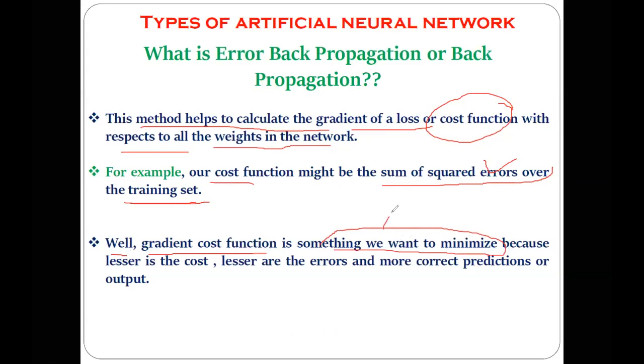Now, what is the gradient function? It will calculate the sum of the square errors, which means it will give you an idea about the error rate. Yes or no? It gives the idea of what the level of the error is. Understood? Now, the lesser the level of the error, the more correct is our output. Is it like that? Yes or no?